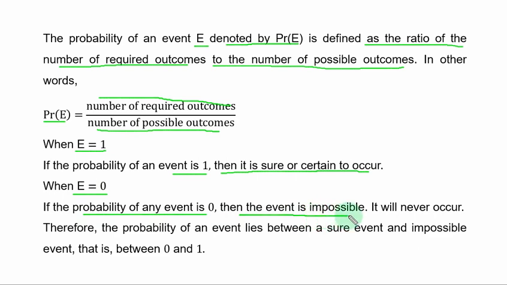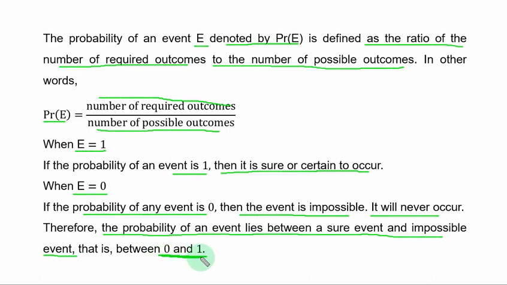It can never occur. Therefore, the probability of an event lies between a sure event and an impossible event, that is, between 0 and 1.